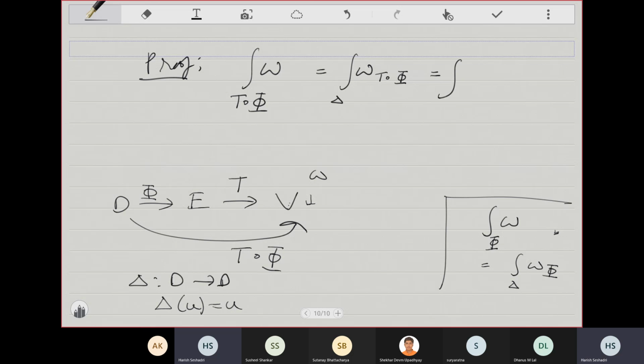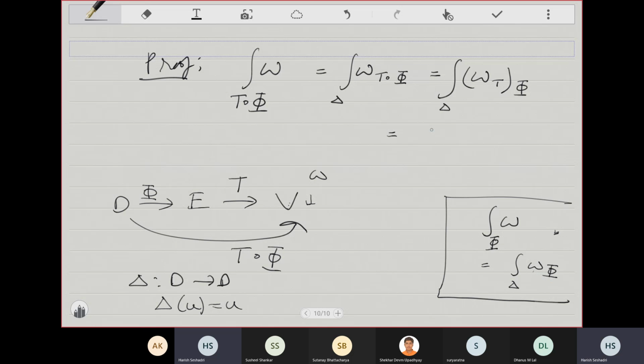Now I use the part about pullbacks and compositions, which I mentioned in the beginning of the lecture. So this is omega T and the pullback of that by phi on delta. Now again use the main proposition, but this time, instead of omega, apply it to omega T. Everything else is the same.